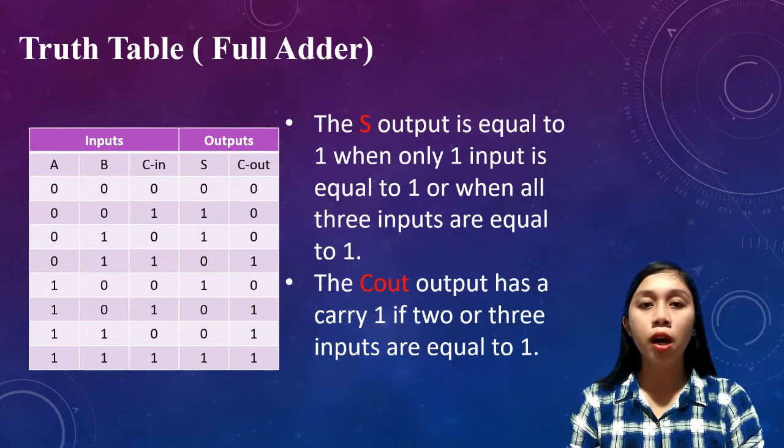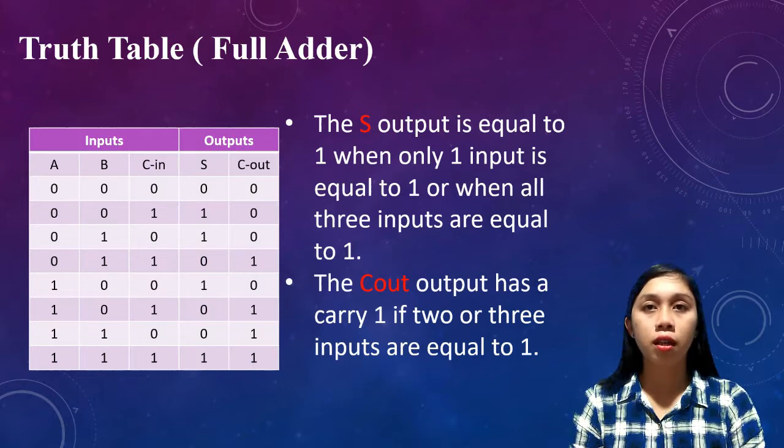With this full adder truth table, we can say that the sum output is equal to 1 when only one input is equal to 1, or when all three inputs are equal to 1, and the carry output has a carry 1 if 2 or 3 inputs are equal to 1.